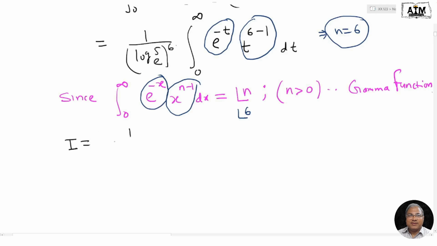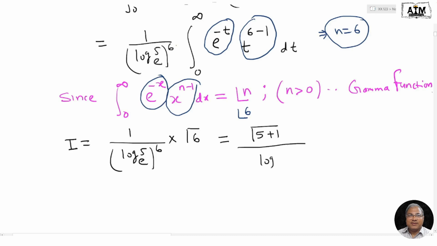Therefore I equals 1 divided by (log 5 to the base e) whole raised to 6 multiplied by gamma 6. This can be written as gamma 5 plus 1 divided by (log 5 to the base e) whole raised to 6. And we already know that gamma n plus 1 equals n factorial.